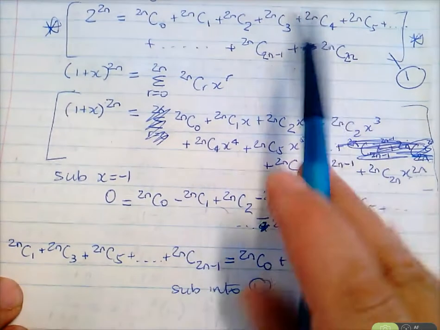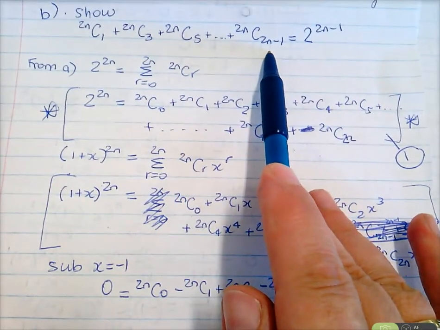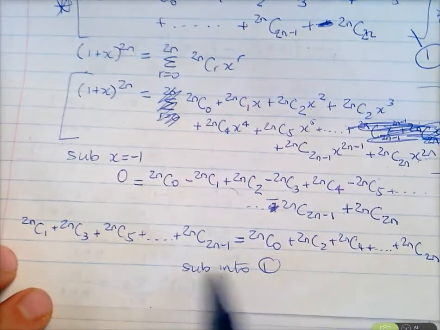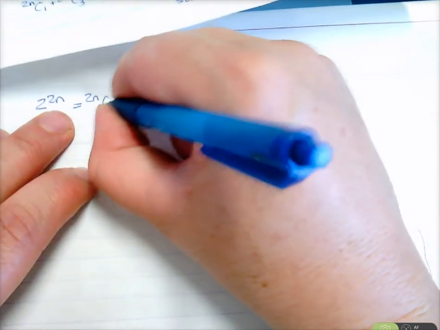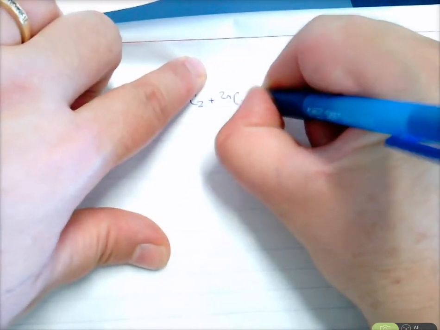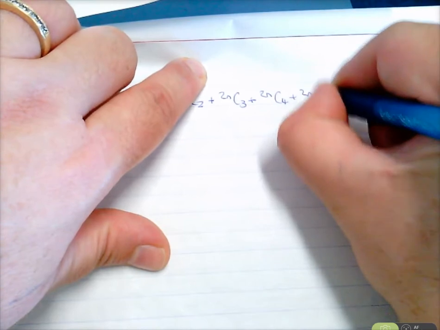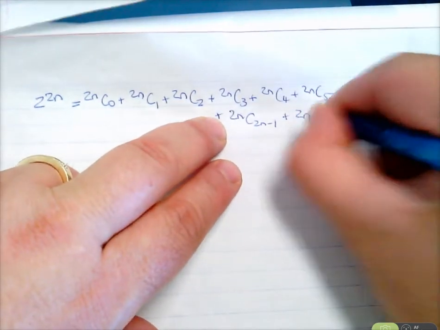So, because I'm trying to prove this result here, where you're just adding up odds, do you see that? I need to substitute into the evens. So substituting that into 1, I'm going to substitute the evens. So from 1, this is what I've got for 1, and I'll write it again. I already know that 2 to the 2n is 2nC0 plus 2nC1 plus 2nC2 plus 2nC3 plus 2nC4 plus 2nC5 plus ... 2nC(2n-1) plus 2nC(2n).